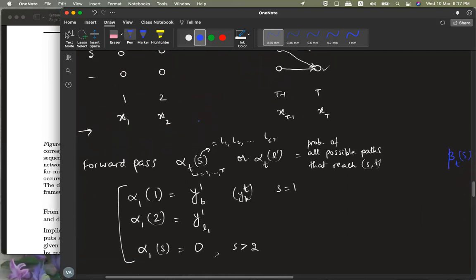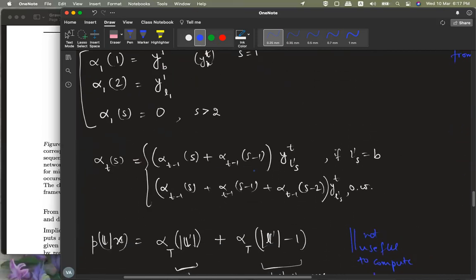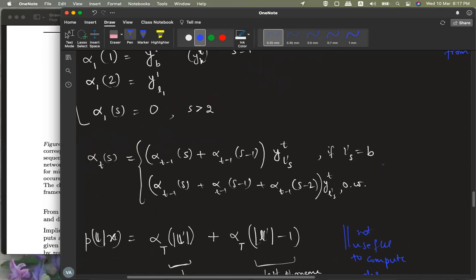So you have to add this condition here: if L dash s is equal to blank, or when L dash s is equal to L dash s minus 2. When there is repetition, then you cannot jump and omit the blank, right? So this condition is added here.